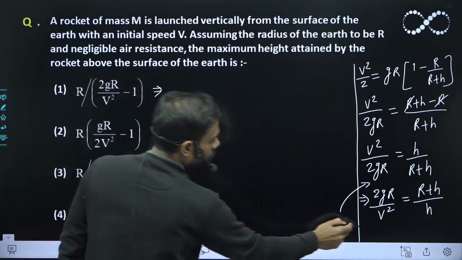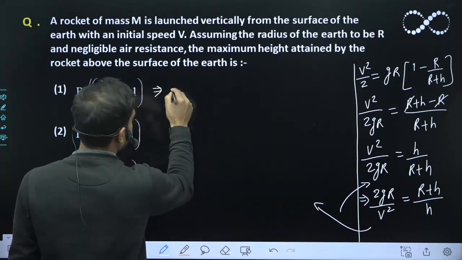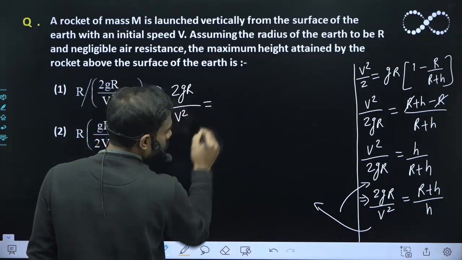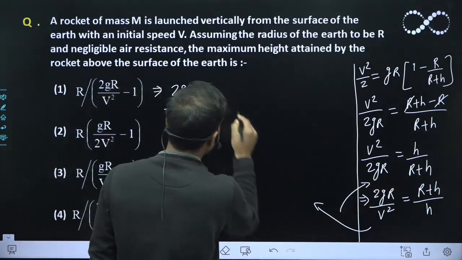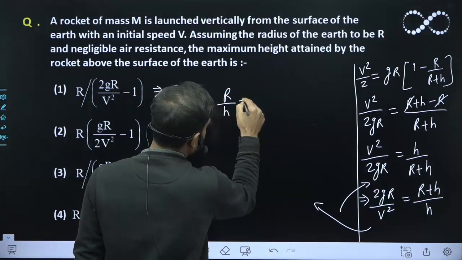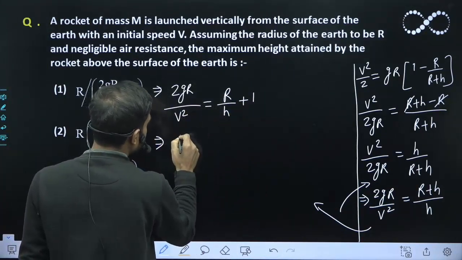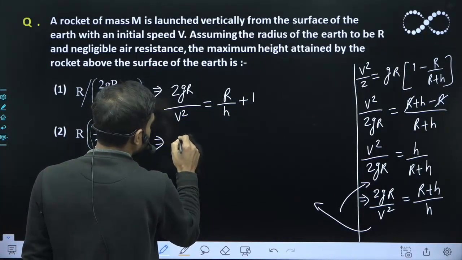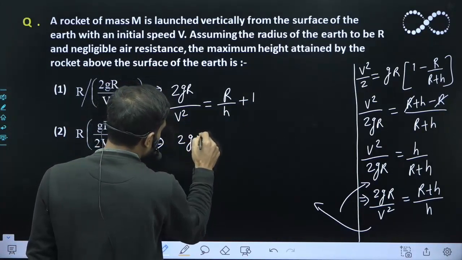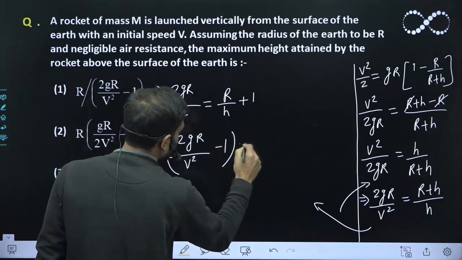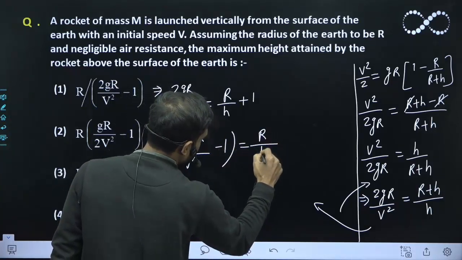So I am coming back to this side, 2gR upon v squared is equal to R upon h plus 1. So 1 can be taken this side, so that will become 2gR upon v squared minus 1 is equal to R upon h.